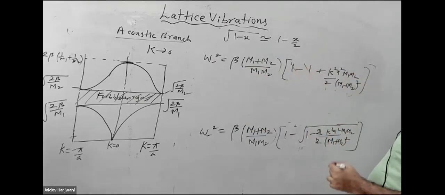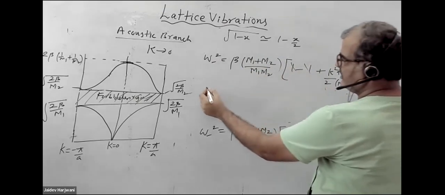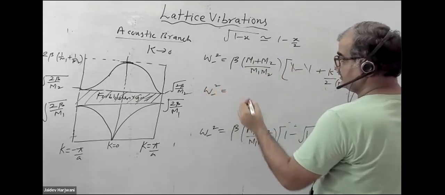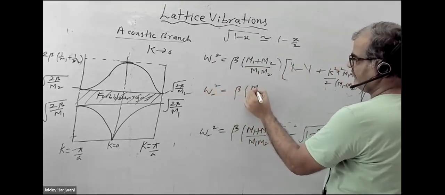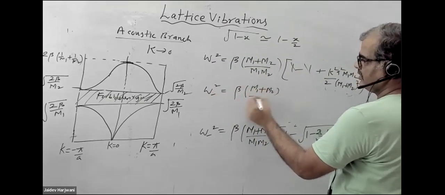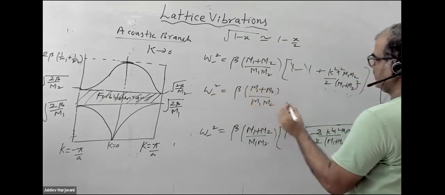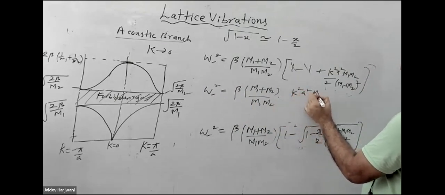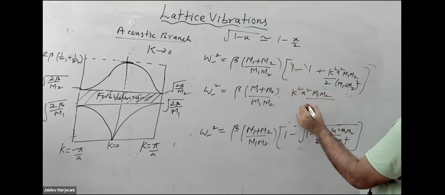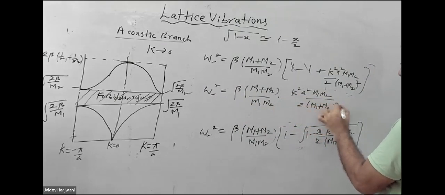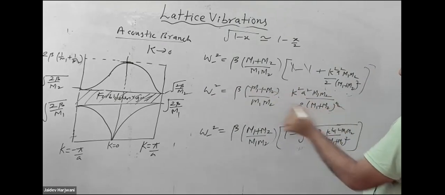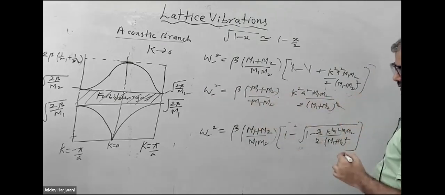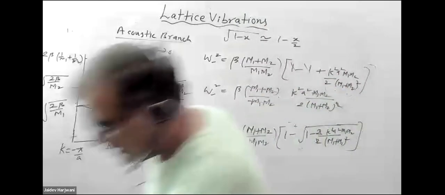Now omega minus square equals beta (m1 plus m2) by m1 m2, and this becomes k square a square m1 m2 upon 2 (m1 plus m2) ka whole square. I can cut this power, this cancelled.